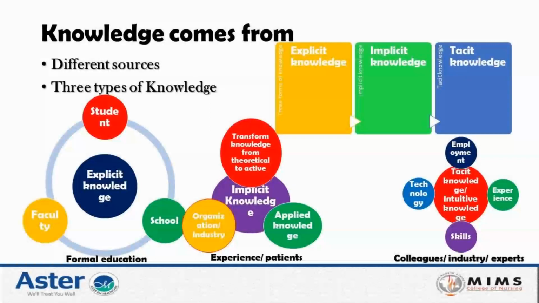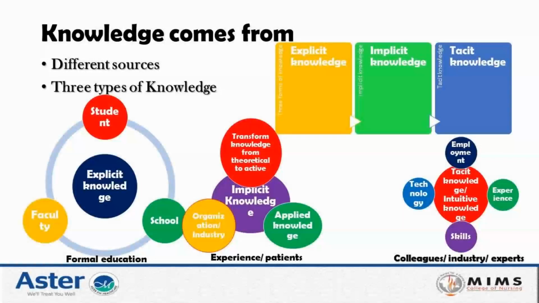Then implicit knowledge. This is the experience or your contact with patients. This gives you implicit knowledge. This is again from your organization, from your industry, from your experience which you apply as knowledge. Then you transform knowledge from theoretical activities.